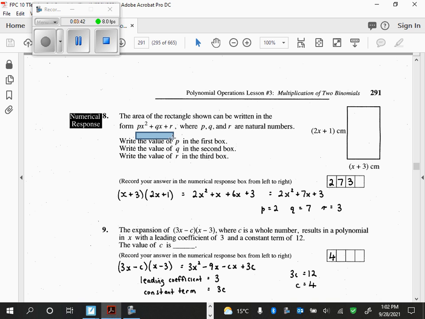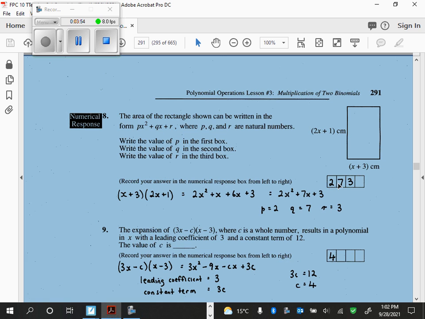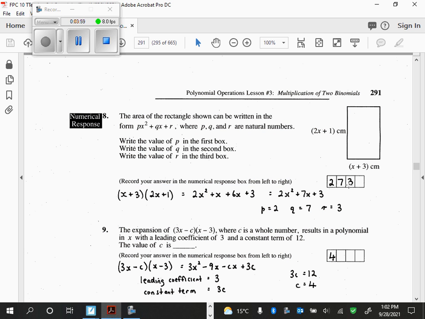And you're going to have questions like that where they just say put the numerical coefficient on x squared first, numerical coefficient on x second, and the number of the constant at the end. Obviously, if you have one of these negative, you can't have 2, negative 7, 3. That's wrong. There's no negative signs in numerical response. If you had a negative 7, it's probably because it was something like this.